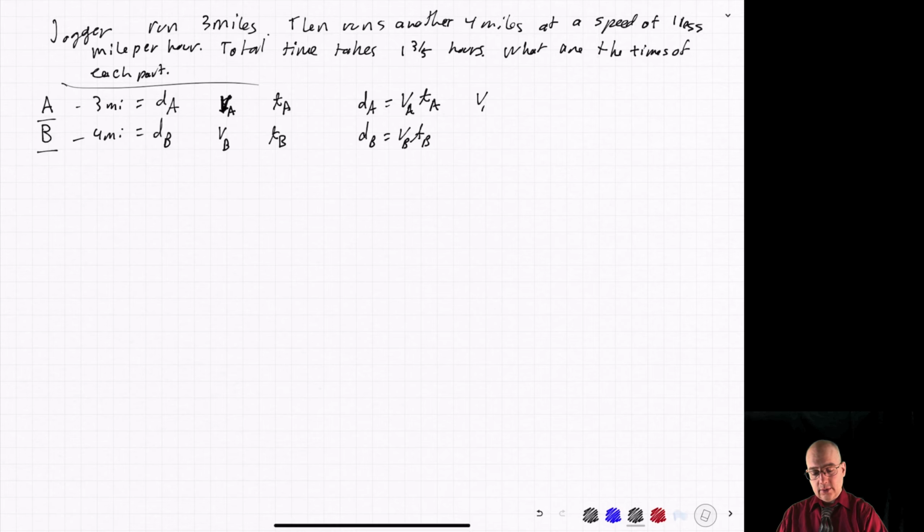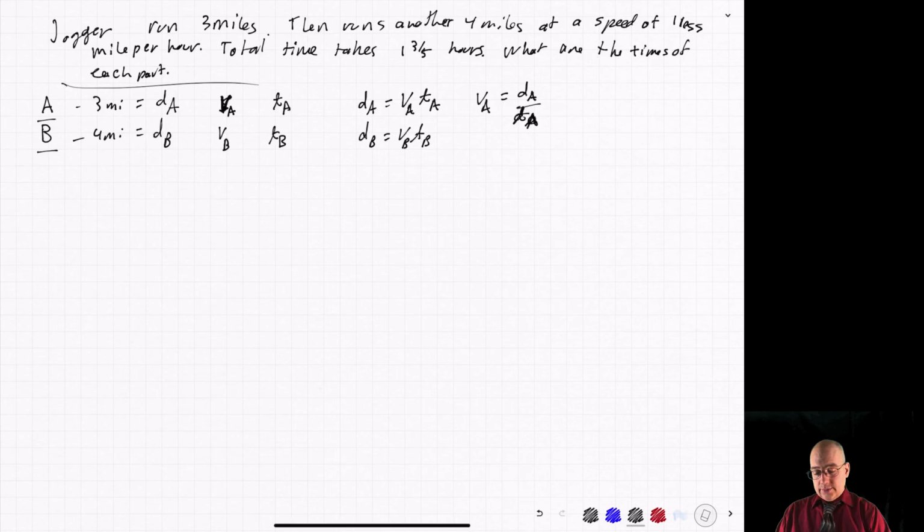Or really, velocity is defined as take the total distance and divide it by the time, right? So this is constant speed. If you have varying speed, this doesn't work. This is just running the same pace the whole time.